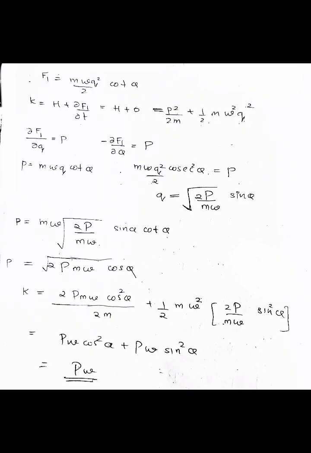That is F1 = mωq²/2 cot Q. Then K = H + ∂F1/∂t, that is equal to H + 0.